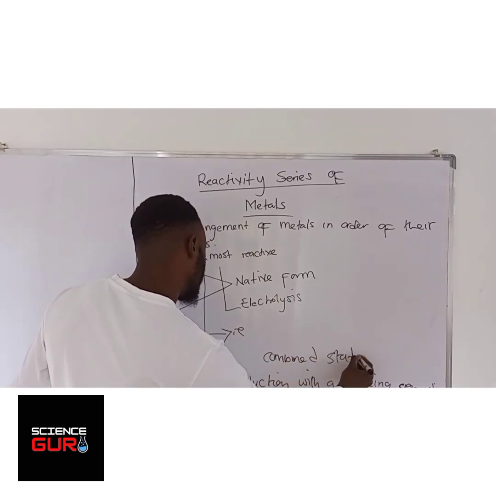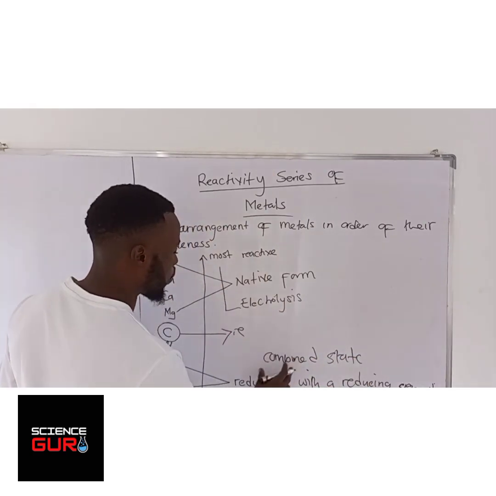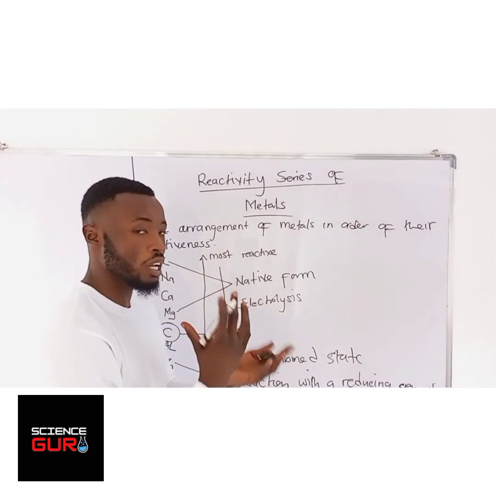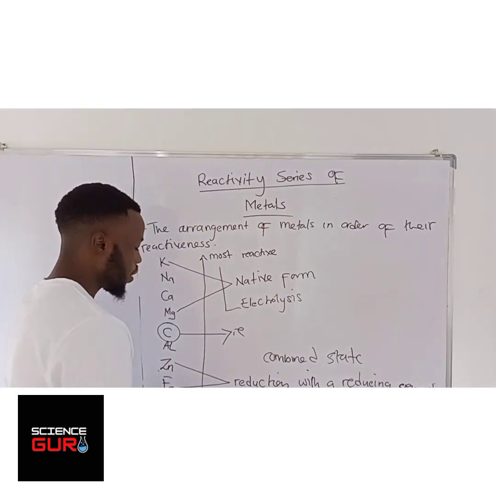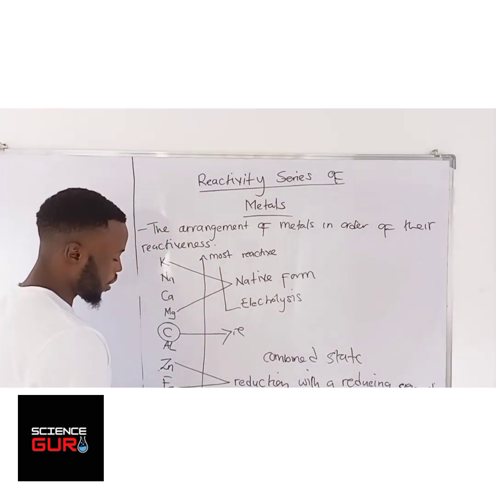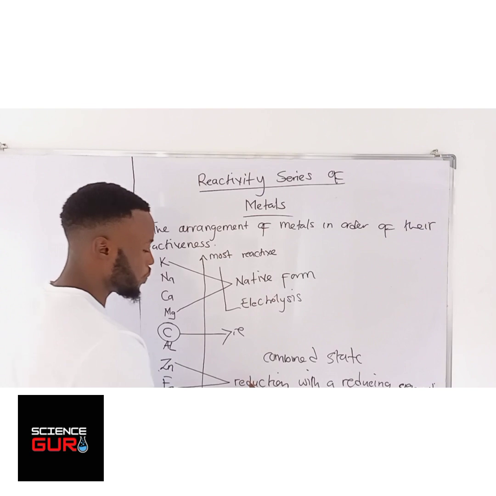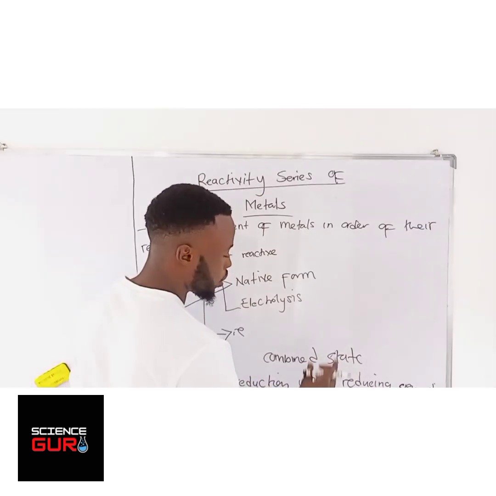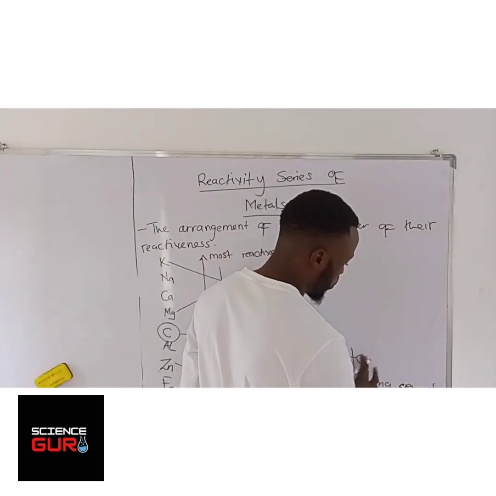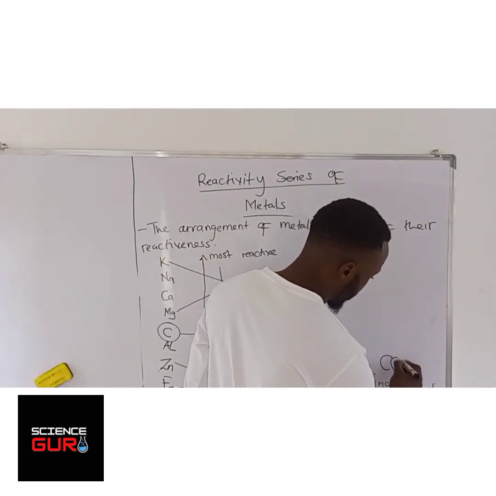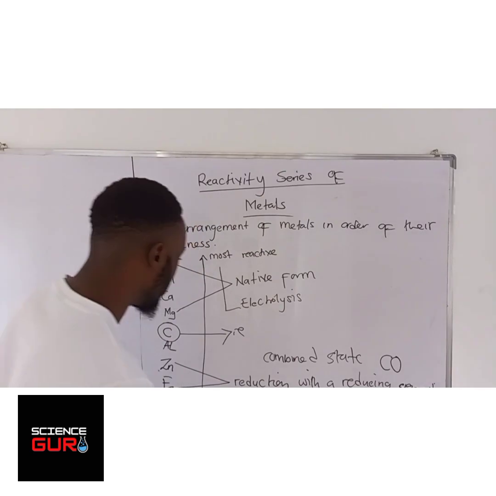You have to understand these terms. Native means single. Combined means it's made up of two or more elements. So zinc and iron you can extract using reduction with a reducing agent. Mostly, the reducing agent used is carbon monoxide.